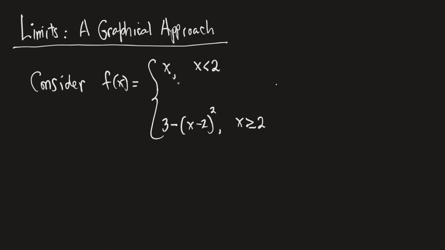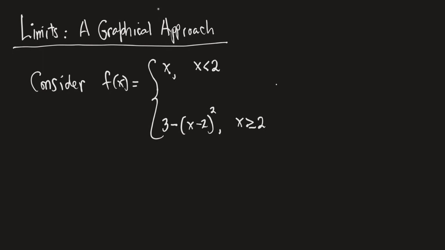Now, a piecewise function basically is referring to a single function that is defined differently for different values in its domain, right? So when you look at these two pieces, you don't want to think of this as two functions, but as one function made up of two pieces.